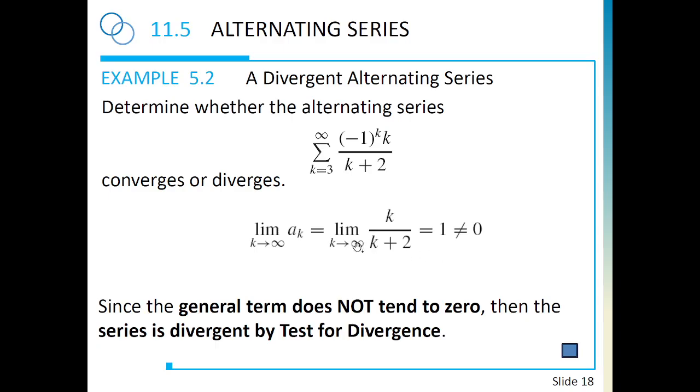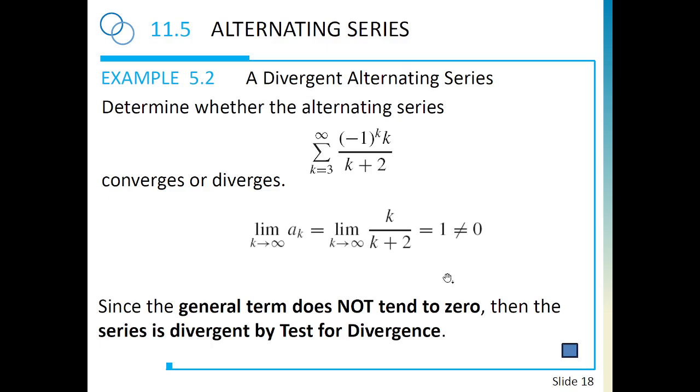So by checking the limit of the general term, is the limit 0 or not? If the limit is not 0, then by divergence test, we conclude that the series is divergent. We remember that for the series to be convergent, we must have the general term going to 0, mandatory. If it doesn't, then the series is divergent by divergence test.